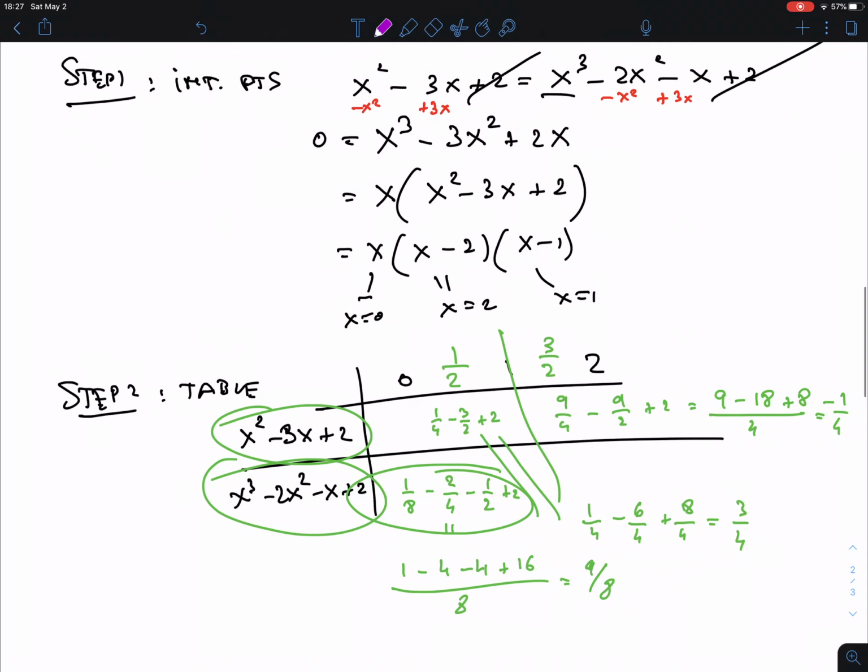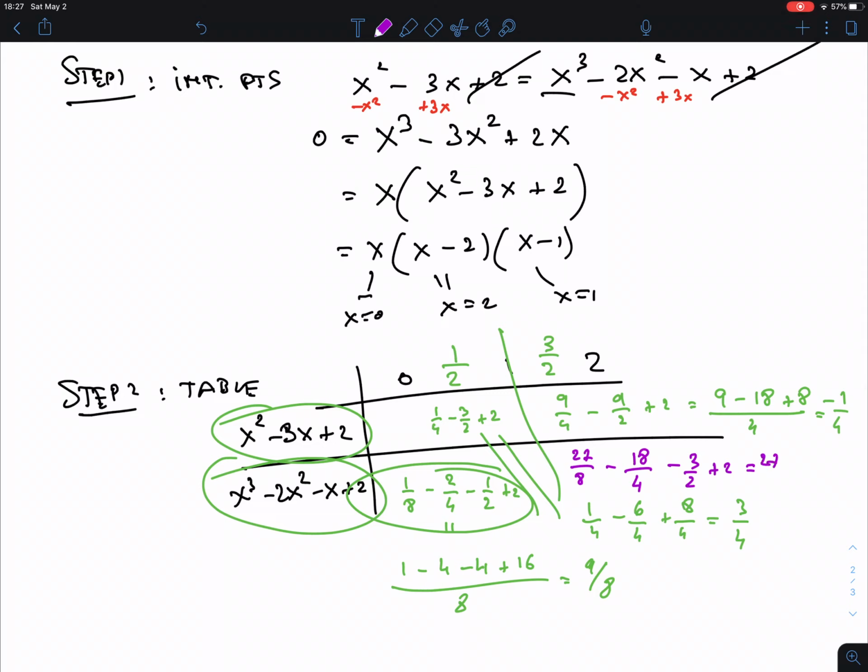So we have now 3/2, so 27/8 minus 18/4, right? 3 squared times 2 is 18, over 4, minus 3/2 plus 2, put this all in common denominator: 27 minus 36 minus 12 plus 16 over 8.